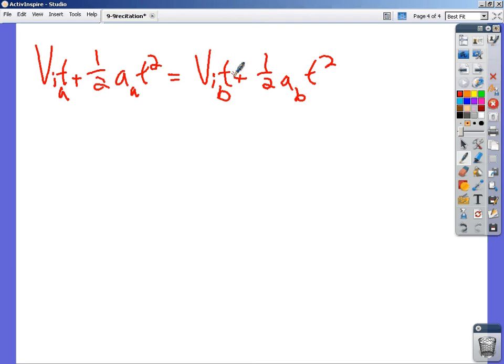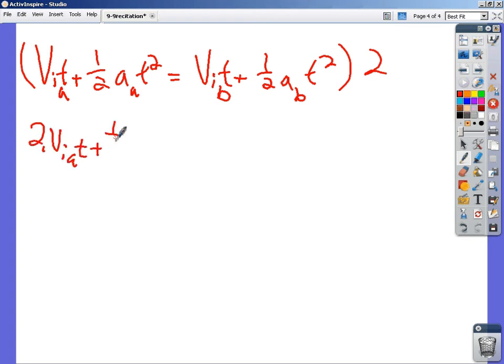All right. So like I said before, if we're using this equation, multiply everything by 2 to get rid of your fractions. So you're going to have 2 v initial A t plus a A t squared, and 2 v initial B t plus a B t squared.